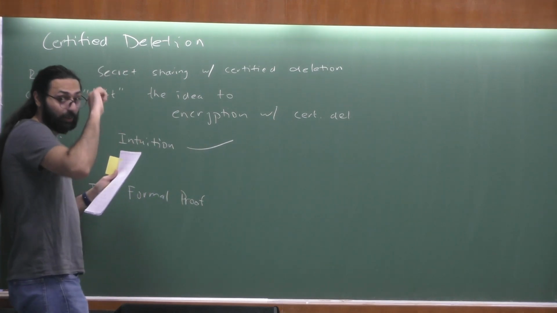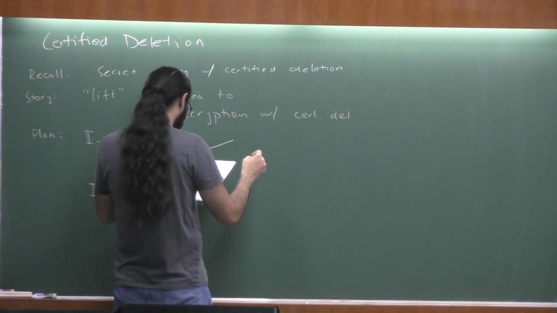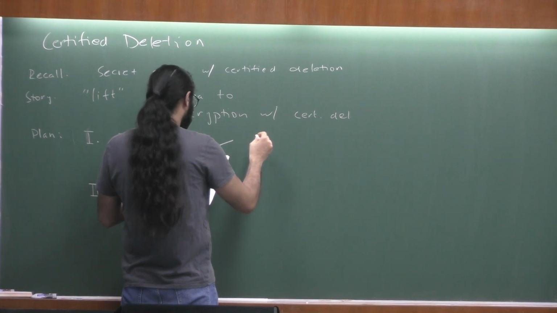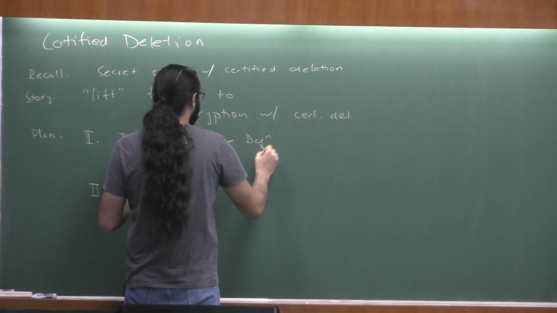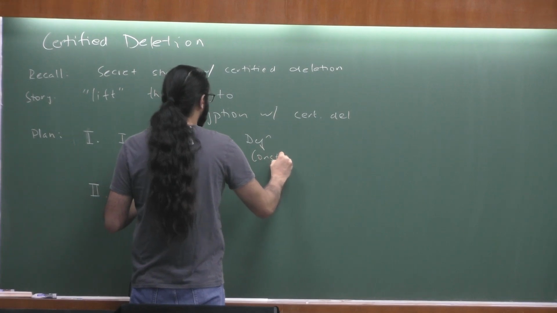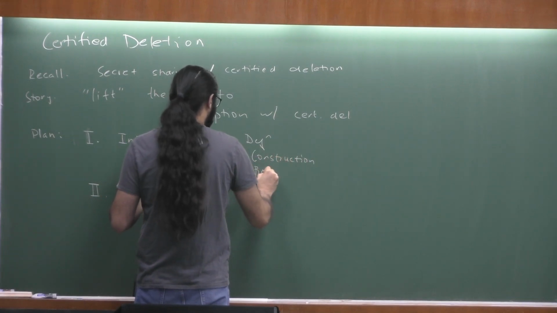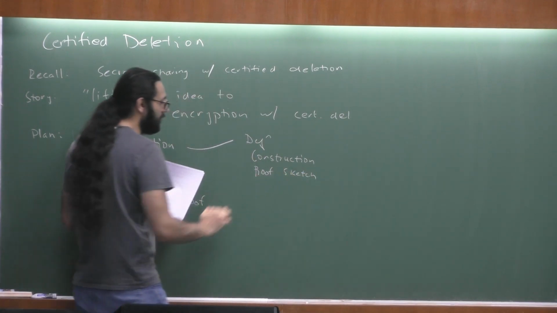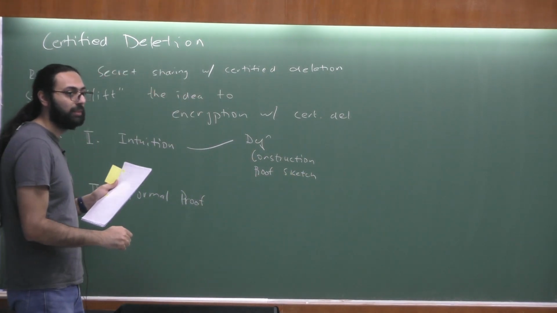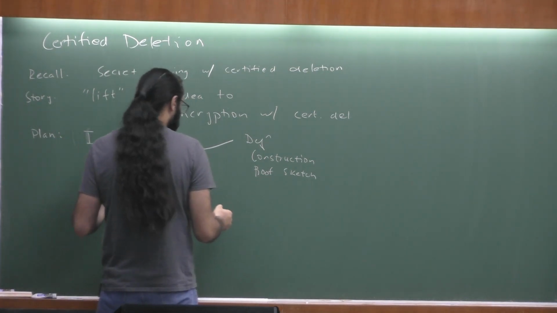For the intuition, we're going to start with how one defines the scheme, so the definition of the scheme, then we look at a construction, and then we look at the proof sketch. The proof is a bit involved, so it's good to go through the sketch first.